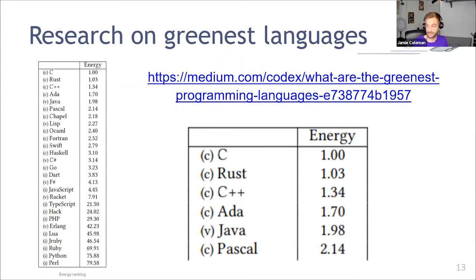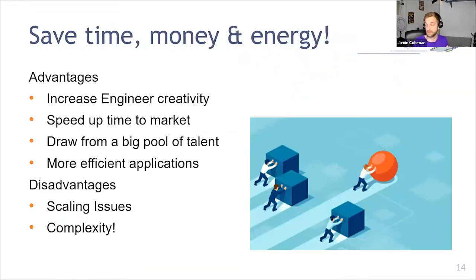And it's quite good to see Java is in the top 5 of languages for efficiency, especially as it's quite an old language now. But again, there are lots of different languages, and the whole point of polyglot applications is you can mix and match which ones you want to use.